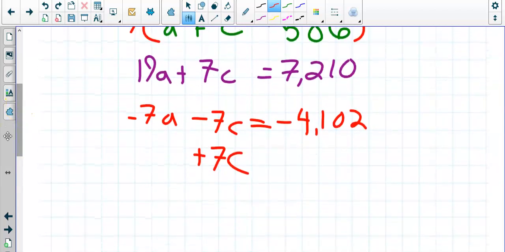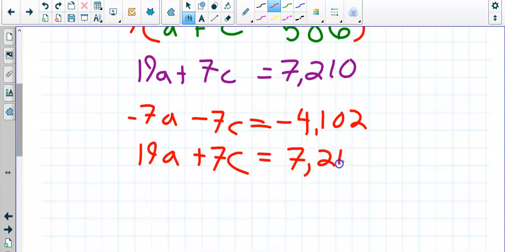All right, the bottom guy. These two already match, right? So do I do anything to it? Nope. So we got 19A plus 7C equal to 7,210. What do we do now? Add down, right? So the C's are going to disappear. We got negative 7 plus 19.